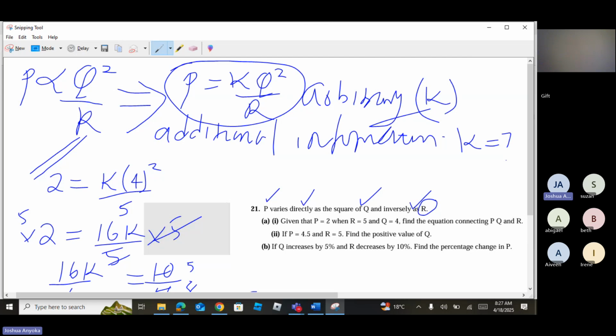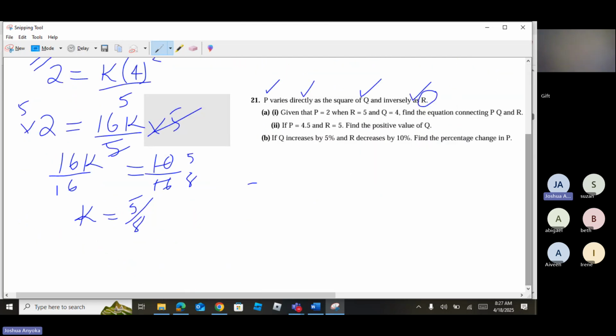Now, once you have worked out the value of K, you get back to the equation and substitute the value of K. So we know K is 5 over 8. We are told to find the equation connecting P, Q, R. So the equation connecting P, Q, R is P is equal to 5 over 8 Q squared over R. That is the equation which is connecting the three variables.